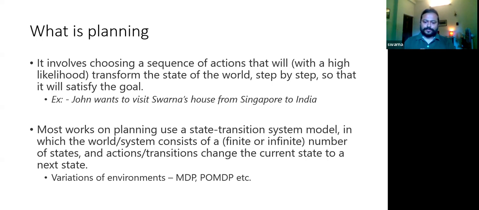And a POMDP, the partially observable Markov decision process, is where at any state, if you take an action, you will not be able to fully observe the outcome or the next step. So somehow you have to deduce it. Let's say you're traveling through a maze, and that maze is not properly lit.